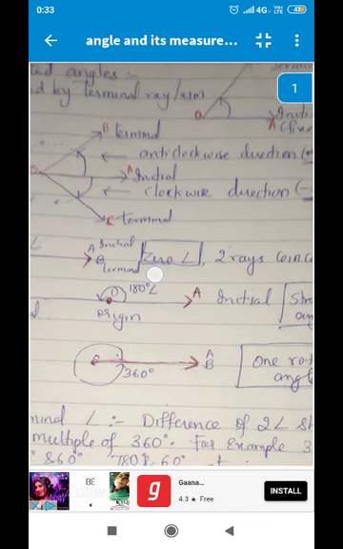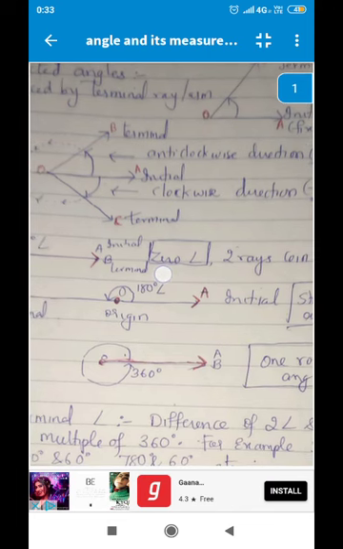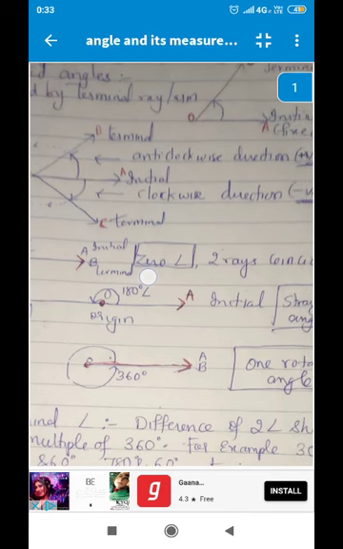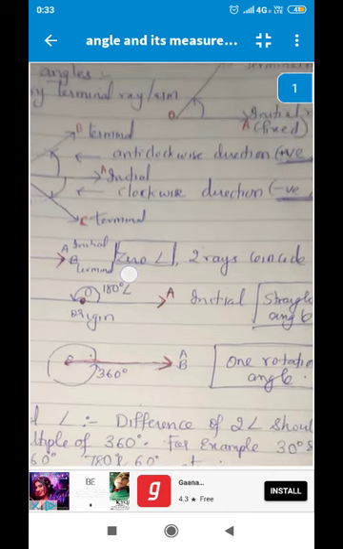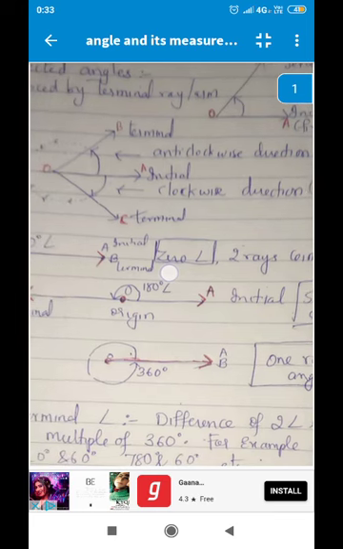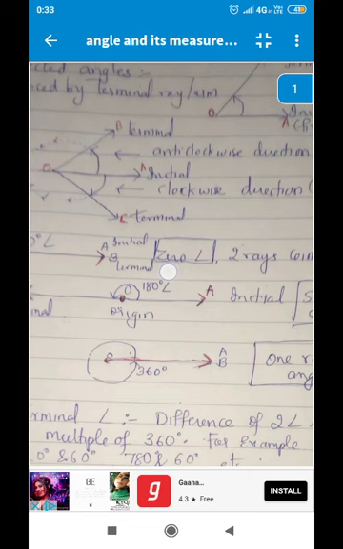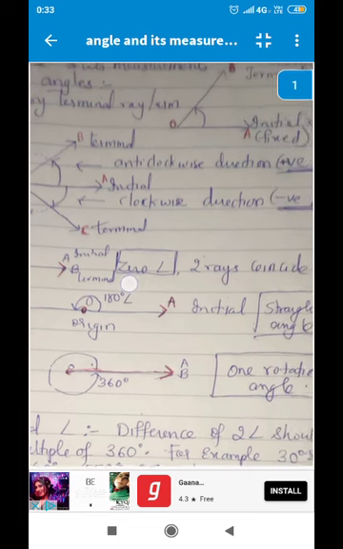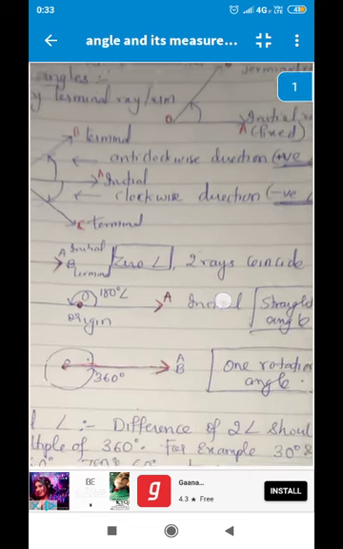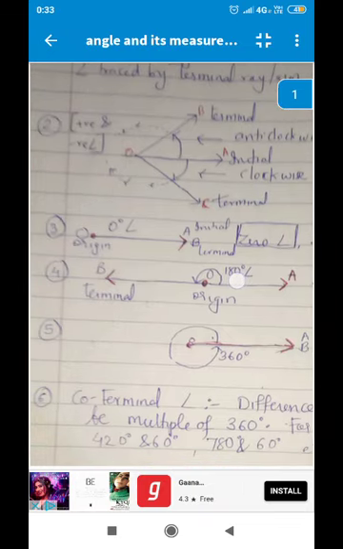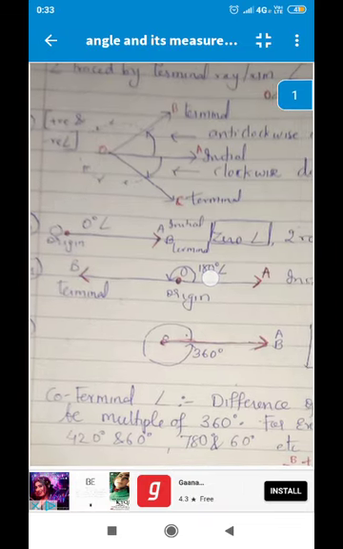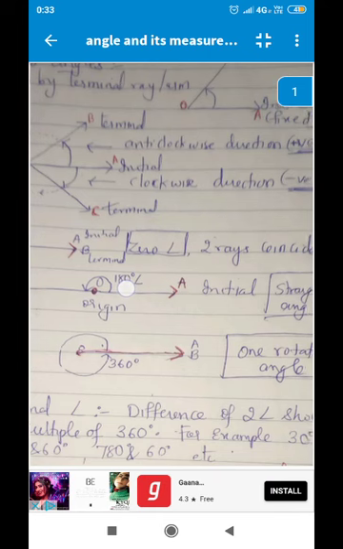You can see in the diagram that in angle AOB, OB is moving in the anti-clockwise direction, which is positive, whereas angle AOC, ray OC, is moving in the clockwise direction, which we call a negative angle.